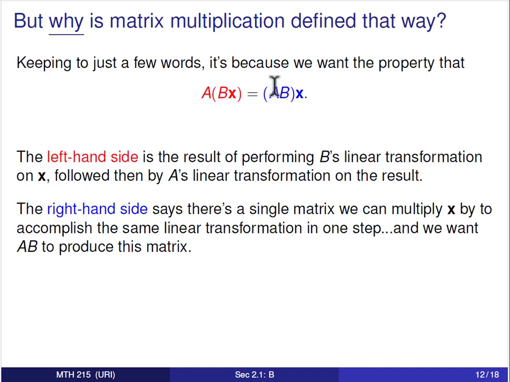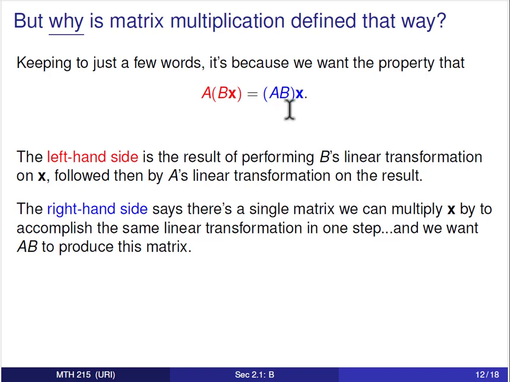We have to decide what we mean by A times B, like how are we defining multiplication? But what we'd like to have be true is that whatever this matrix turns out to be, we want this matrix to have the same effect on x that these two linear transformations had on x on the left-hand side.